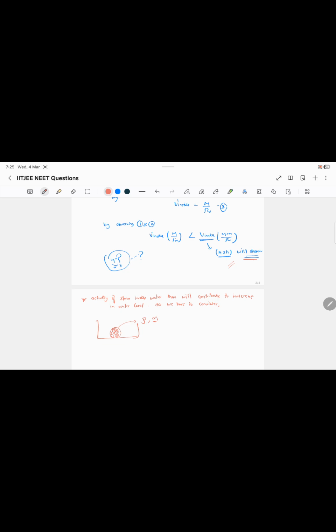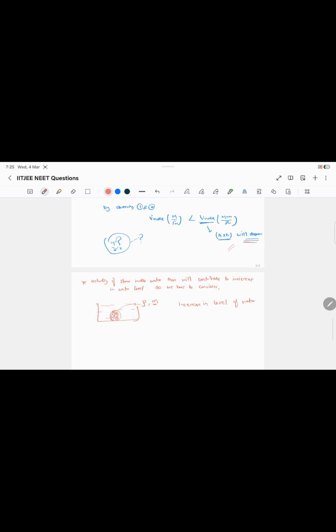Here, how much volume will they occupy and contribute to the increase in the level of water? So the volume increase they are causing by stones will be equal to mass divided by density of stones.